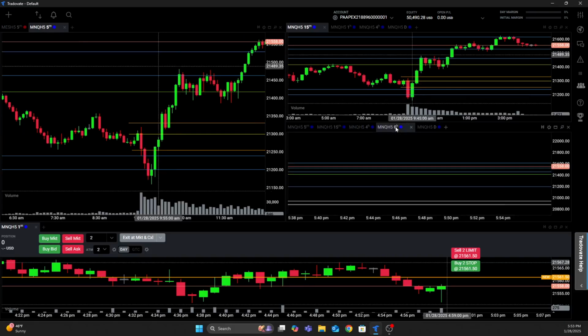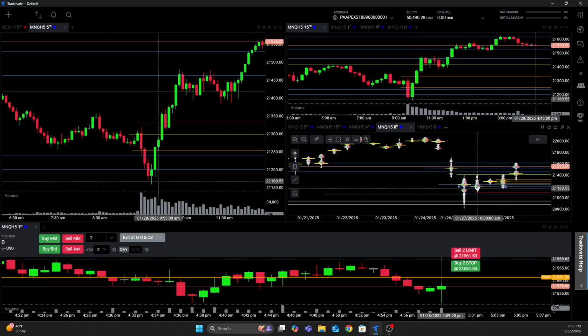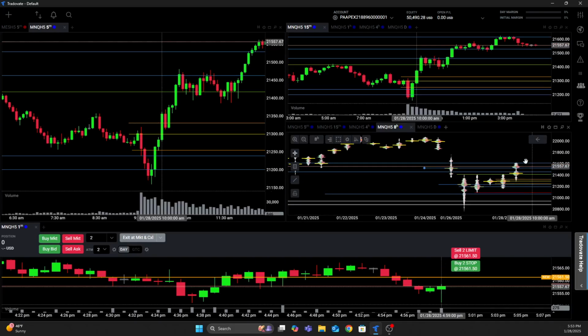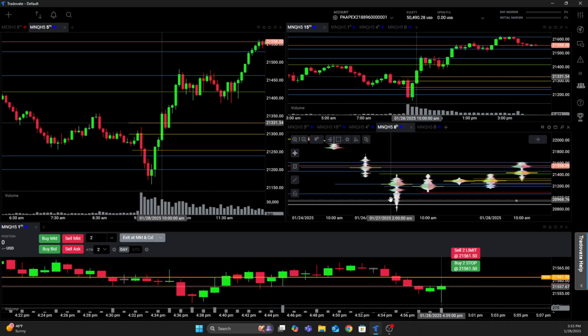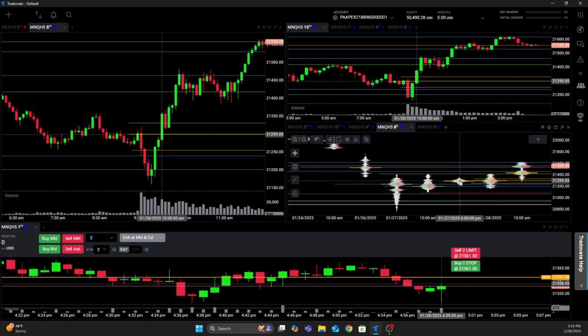One reason I felt good about this move higher, and I'll show here, is that we're looking at the previous couple of days and after hours. Look for these yellow lines. That indicates the point of control, a lot of volume in that area.